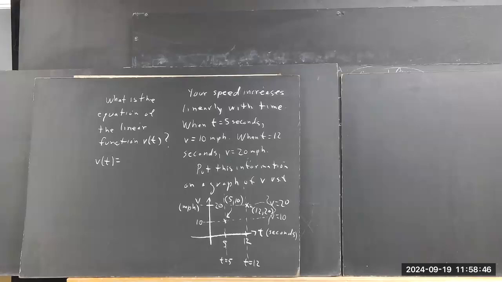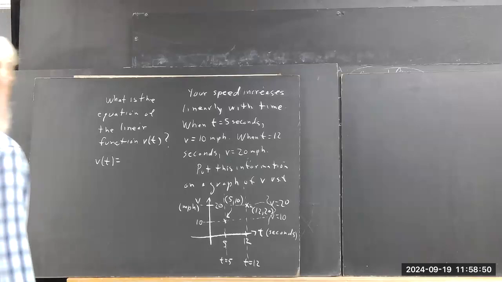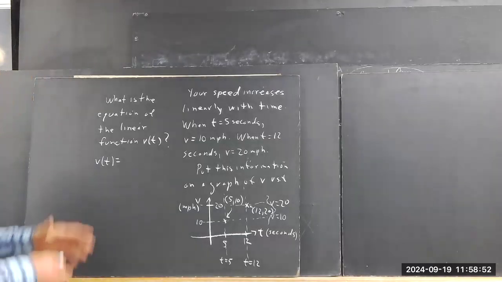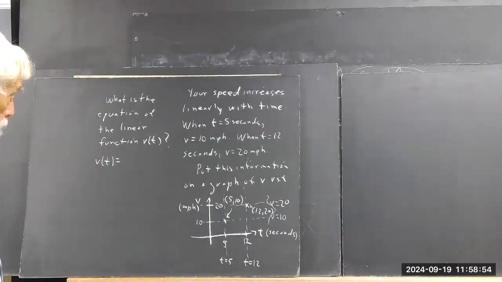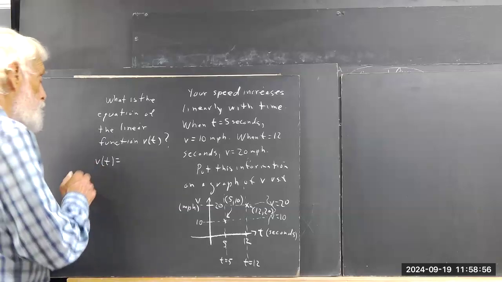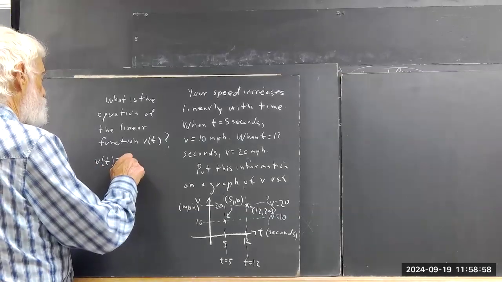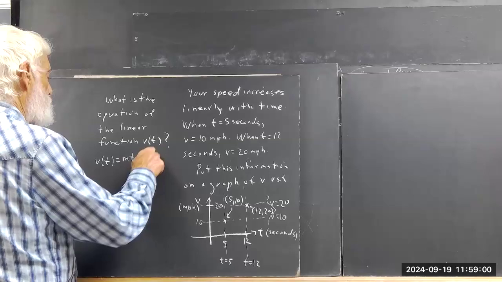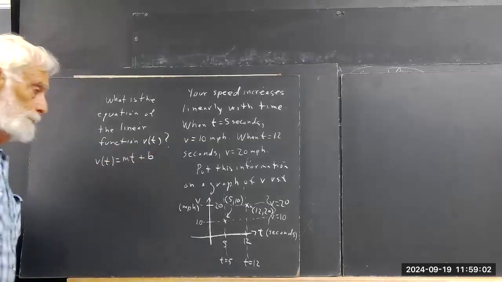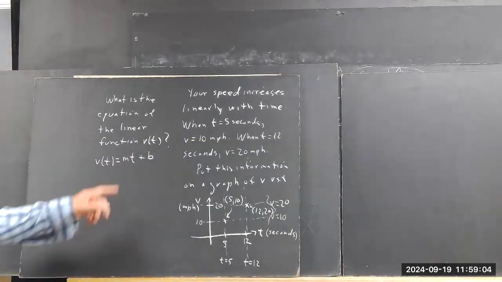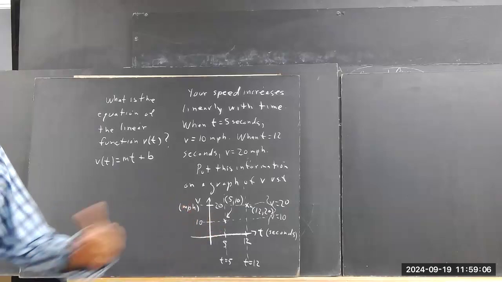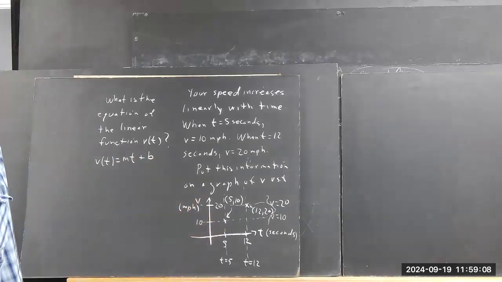Well, I'm not going to try to dig this answer out of you. It's something you might not think of. You might skip to something else, and you might still be a little confused. You have v of t is going to equal mt plus v. Now, we're not using x for time. It's less clumsy to use t for time.